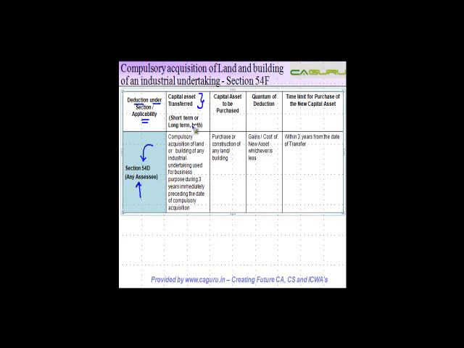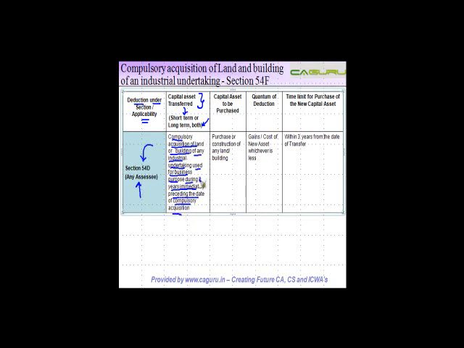What should be the capital asset transferred? It could be either a short-term capital asset or a long-term or both. What I mean by this is, let's say the land might be a long-term one, the building might be a short-term one. Doesn't make a difference. And what happens is that there is a compulsory acquisition of land or building of any industrial undertaking used for business during 3 years immediately preceding the date of compulsory acquisition.